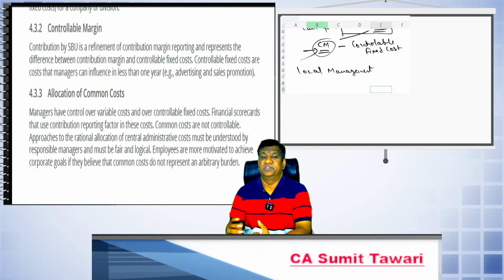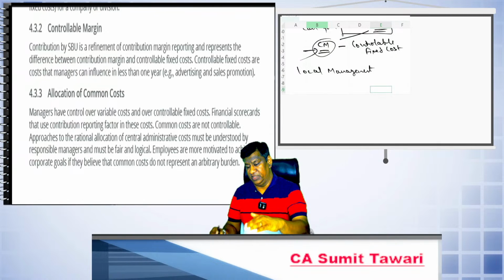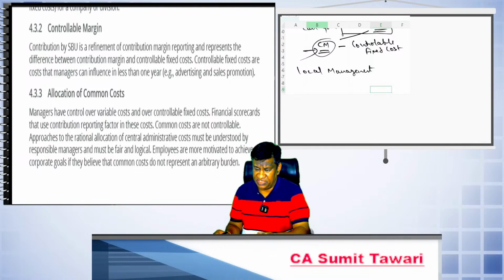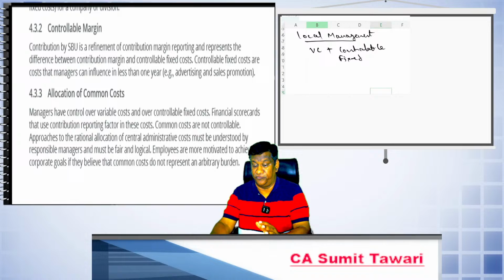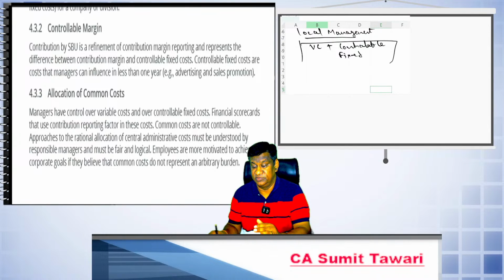See, I tell you something. That is a separate scenario, but I came across this kind of situation. I'll give one example. First, local management can control variable cost plus controllable fixed cost. So you need to judge their performance on that basis. So again the picture comes to contribution margin plus controllable fixed cost.